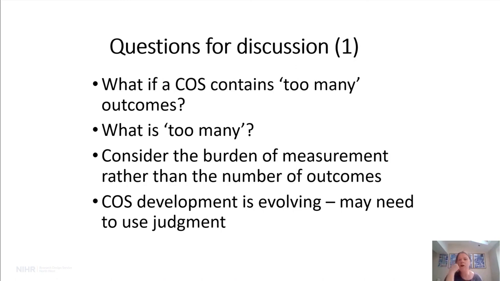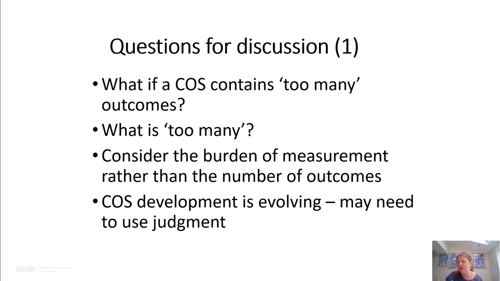I've already said that core outcome sets vary in how they've been developed. The development process is evolving. Up till about 2012, 2013, people were just generally doing this occasionally through a professional society. Now there's much more interaction between core outcome set developers, and they're learning from each other about how to improve the way core outcome sets are developed, to the point that now there is a recognition that some core outcome sets really do end up with too many outcomes.